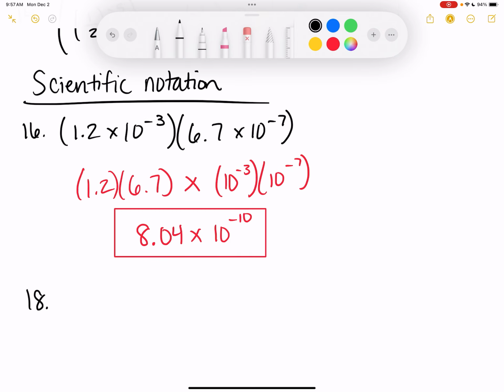It's 67.68. Now, does anybody notice a problem? There are 2 digits in the tens place.